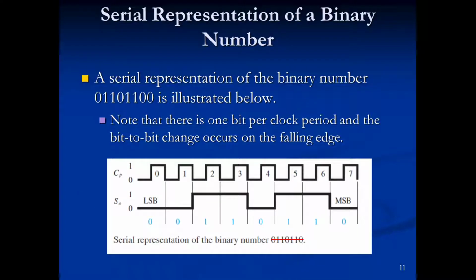So when we serially represent a binary number, the example they gave us, 011011100, they put that in a diagram at the bottom, and you'll notice there are two signals. There's our CP signal, that's our clock signal, and I mentioned clocks.